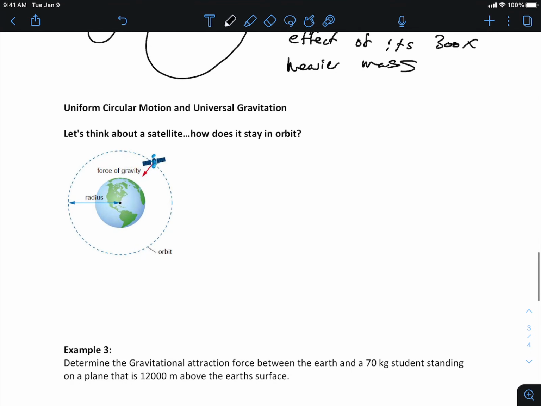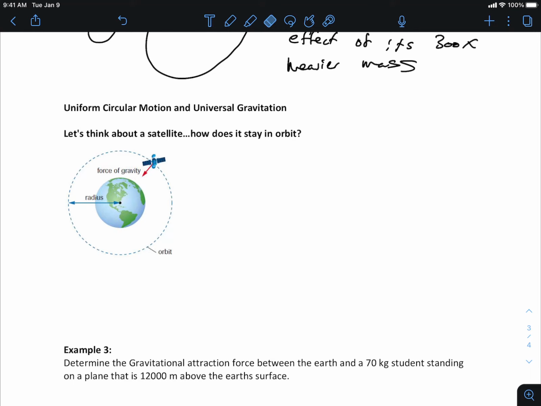Okay, so in the last stretch here, we just want to revisit this idea of uniform circular motion and gravitation, right? So let's think about a satellite orbiting Earth. We talked about the reasoning why, if somebody was on a merry-go-round, they don't just go flying off: it's because we have this centripetal acceleration forcing us towards the middle all the time, in combination with the force of friction.